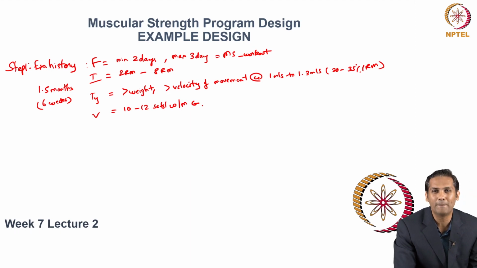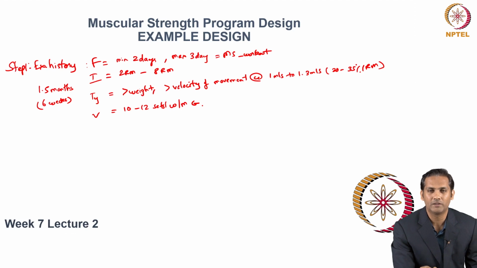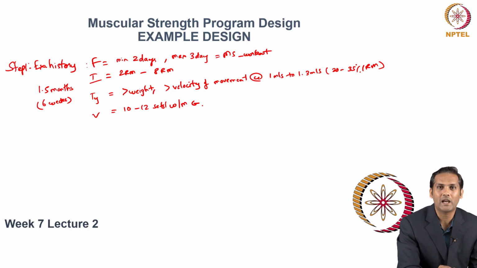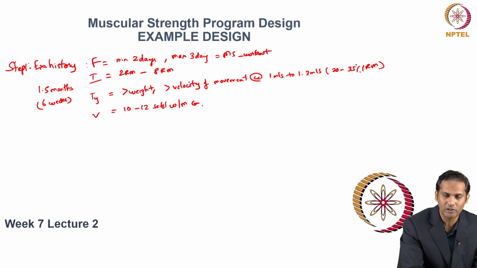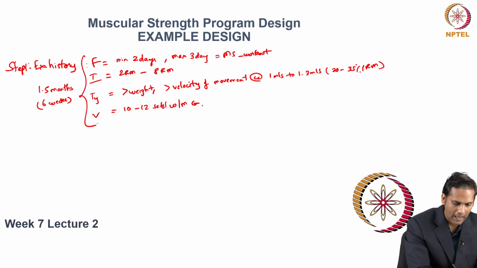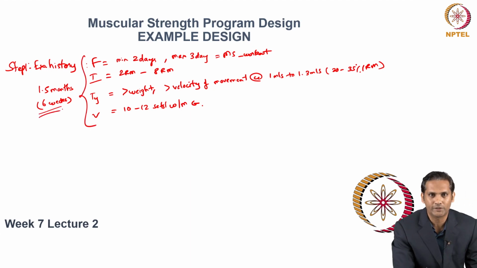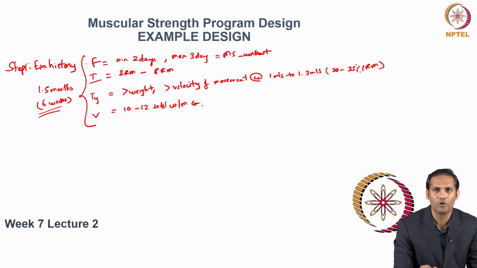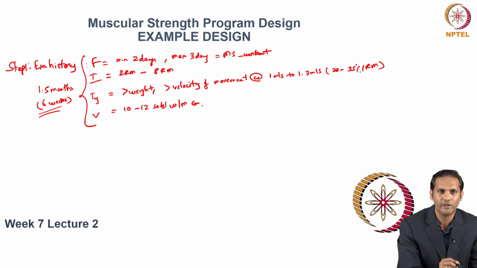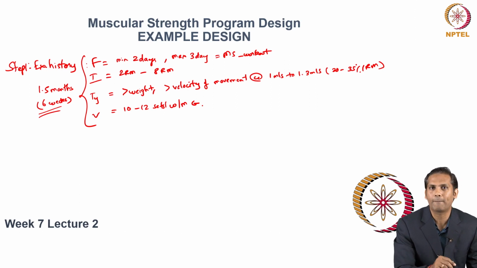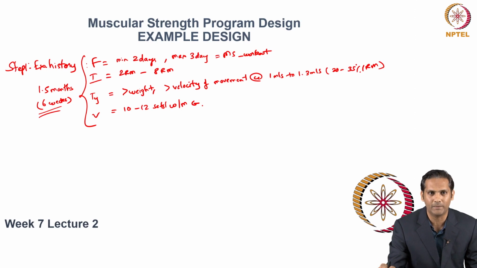Now this is my background. Now the job is to design a muscular strength program considering this background and considering the gap of 6 weeks. This is the first step you follow before you design the program. You recall your exercise history by applying the acute training variables.